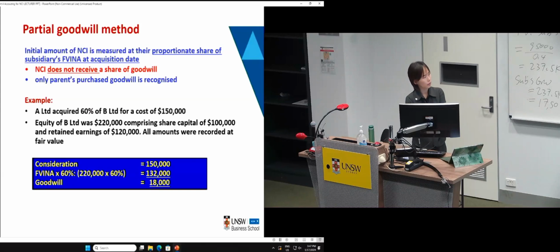Now, A paid 150,000, which is greater than the net assets acquired, the difference representing the goodwill acquired by the parent entity, 18,000. That's all. So that is the total goodwill eventually presented in the consolidated statement as well, because NCI does not receive a share of any goodwill under the partial goodwill method.